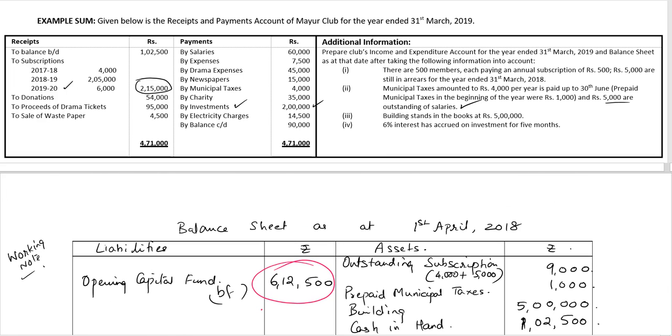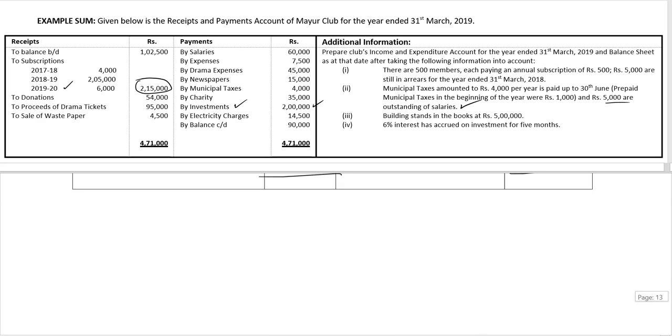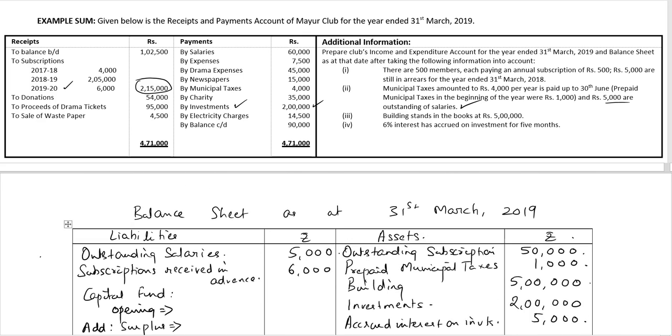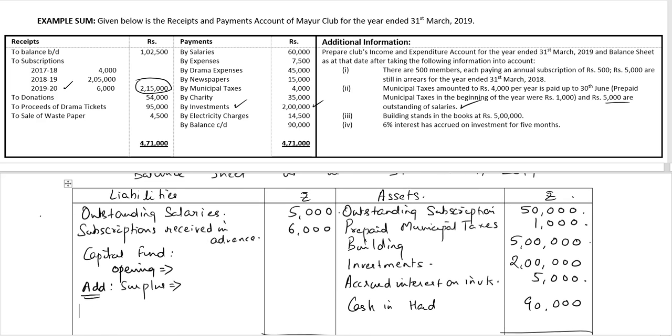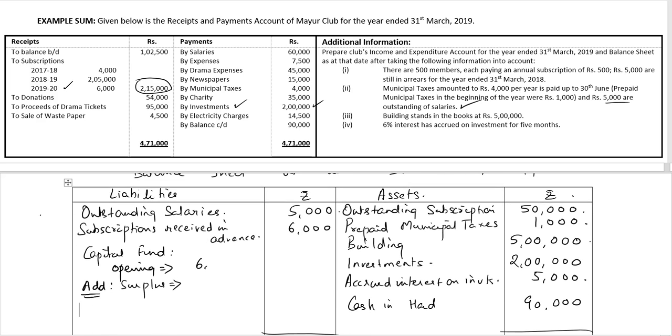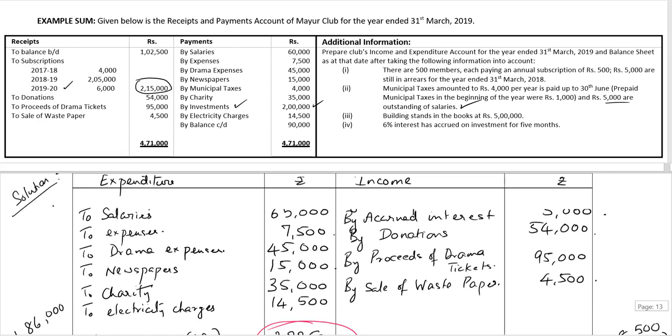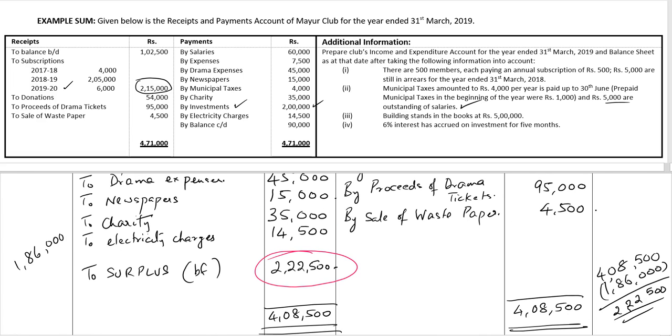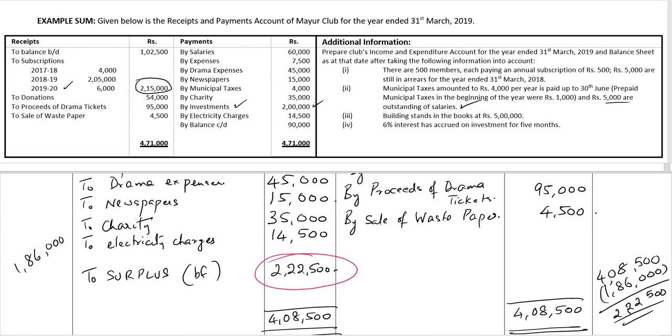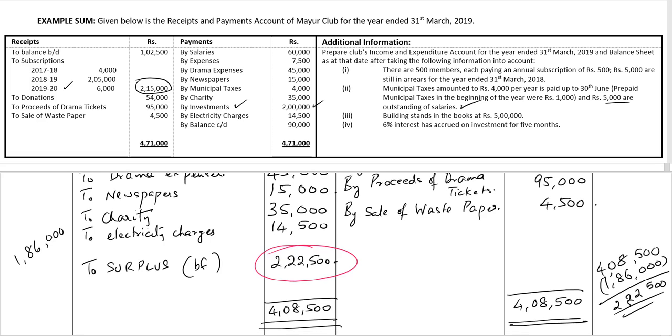So the amount of the opening capital fund was 6,12,500. 6,12,500 opening capital fund, and the surplus from the income and expenditure account, we arrived at a surplus of 2,22,500 rupees.